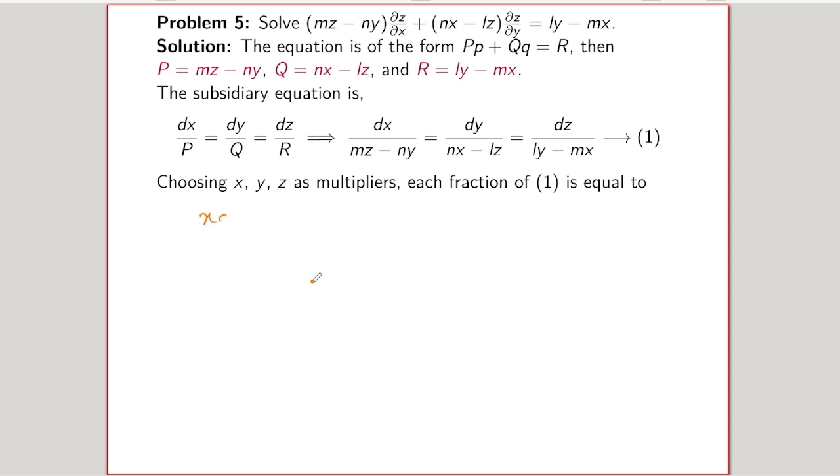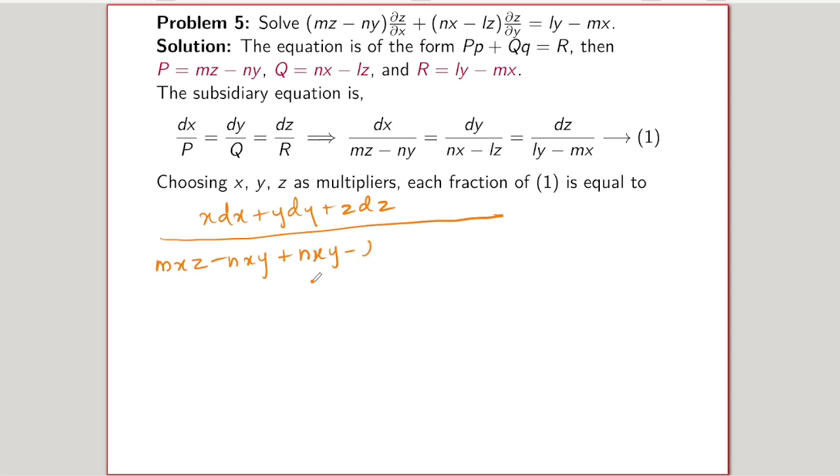So I'll be getting x dx plus y dy plus z dz divided by, straight away I'm going to multiply everything. It is m xz minus n xy plus n xy minus l yz plus l yz minus m xz. So this term and this will get cancelled, these two will get cancelled and these two will get cancelled.